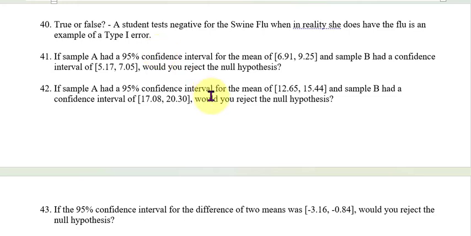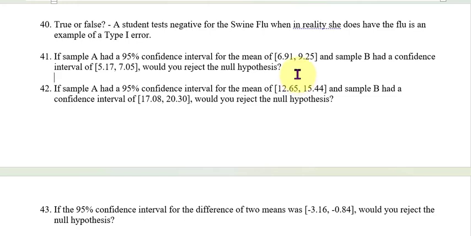All right, here comes the good stuff. We use confidence intervals, believe it or not, to reject the null or not with these t-tests or these ANOVA tests, the difference between the means.